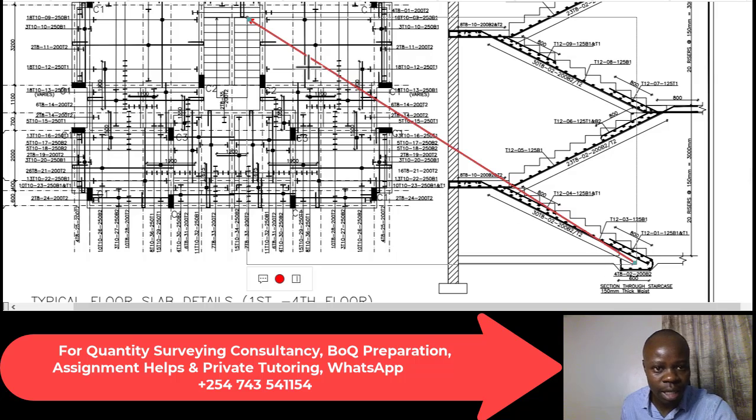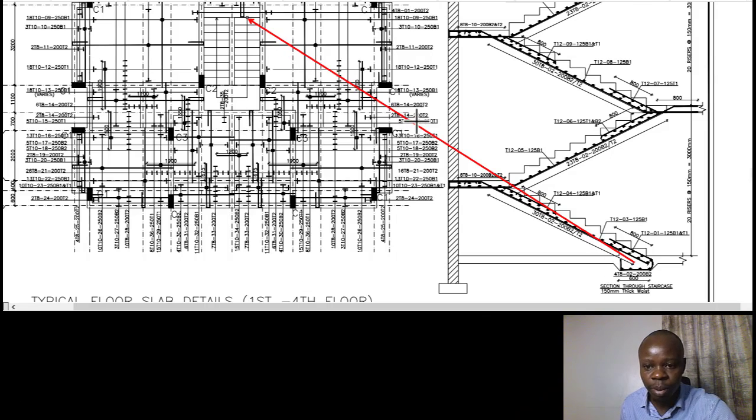So if you can just follow my arrow, the arrow is showing you how exactly it's going. This thicknessing is the point that the arrow is indicating. Then it moves upwards along that arrow, and when it does so, you see the first flight, exactly where this arrow is pointing.